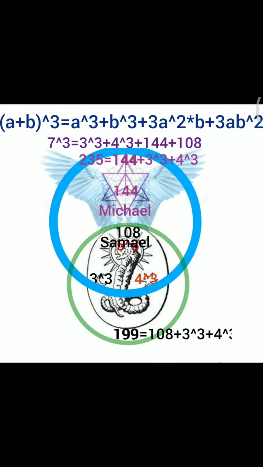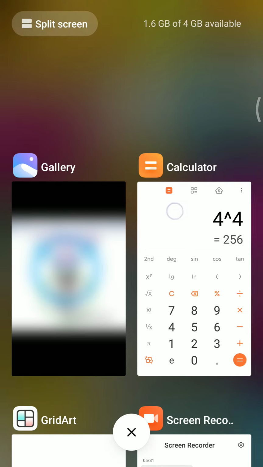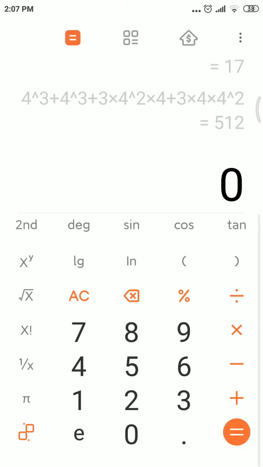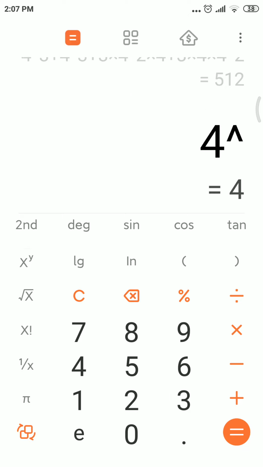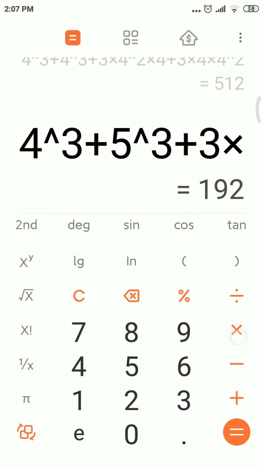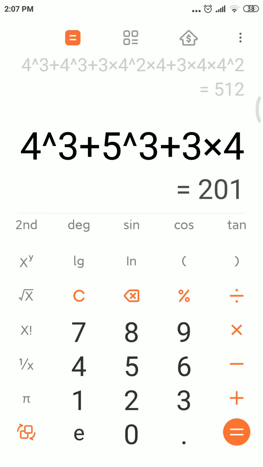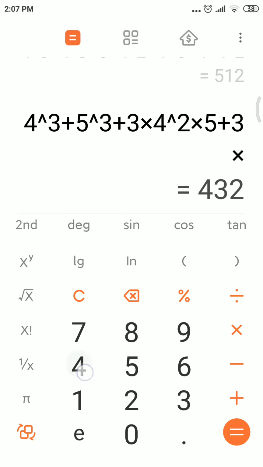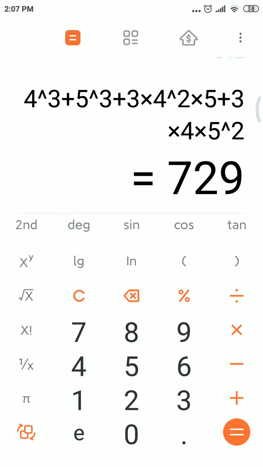Let us again take help of the calculator here. 9 cube would be 4 cube plus 5 cube plus 3 into 4 square into 5 plus 3 into 4 into 5 square. That is 729, right? That is 729.